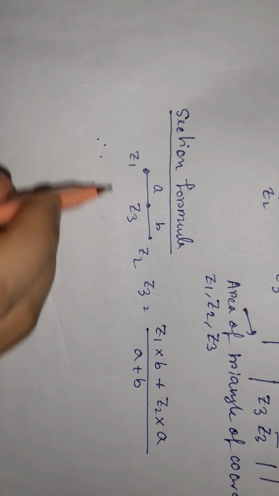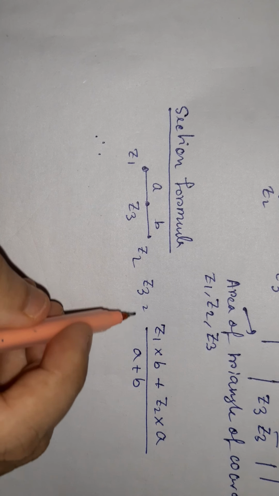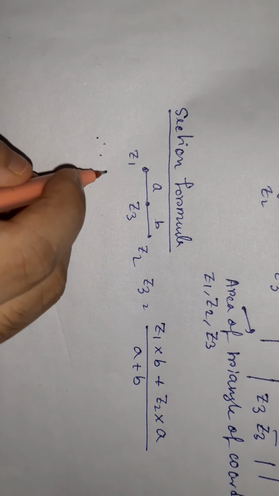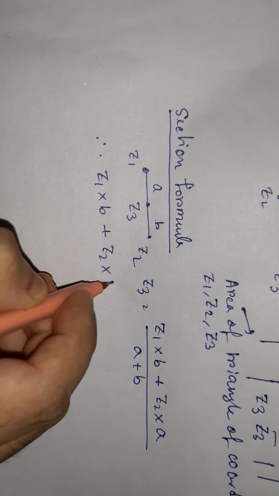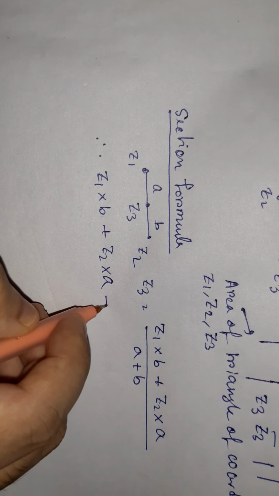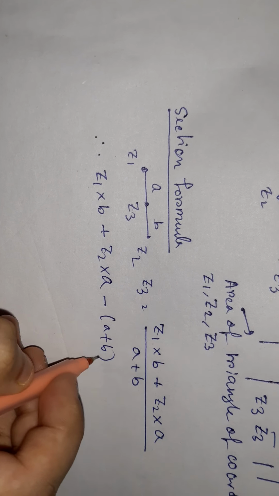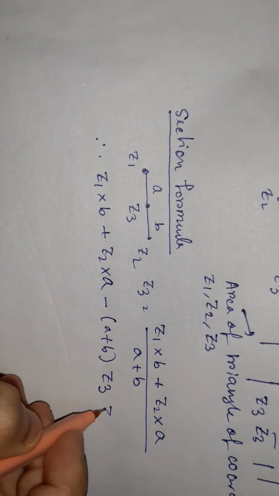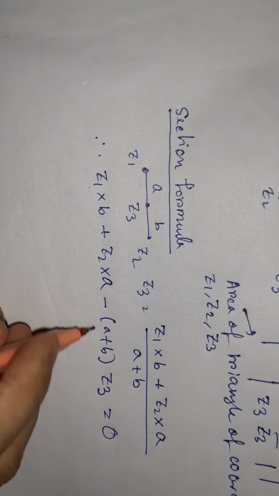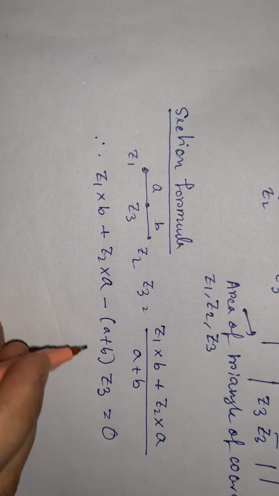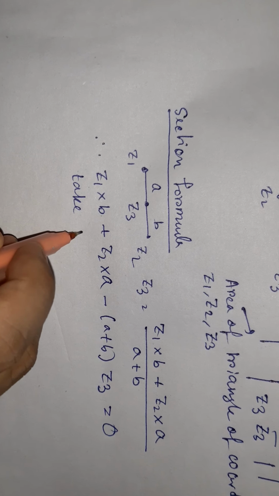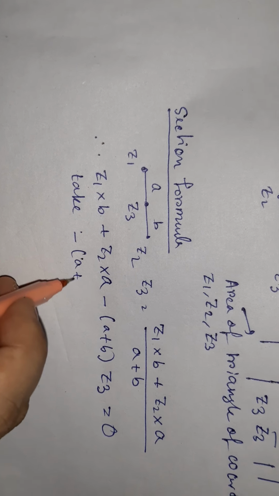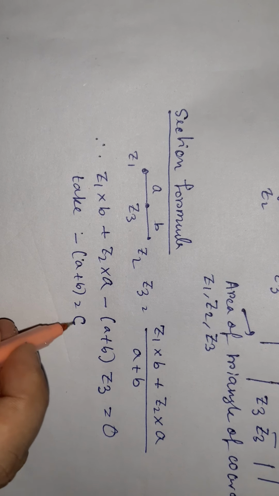Multiplying by a plus b with z3, we get z1 into b plus z2 into a minus (a plus b) into z3 equals 0. Take minus (a plus b) equal to c.